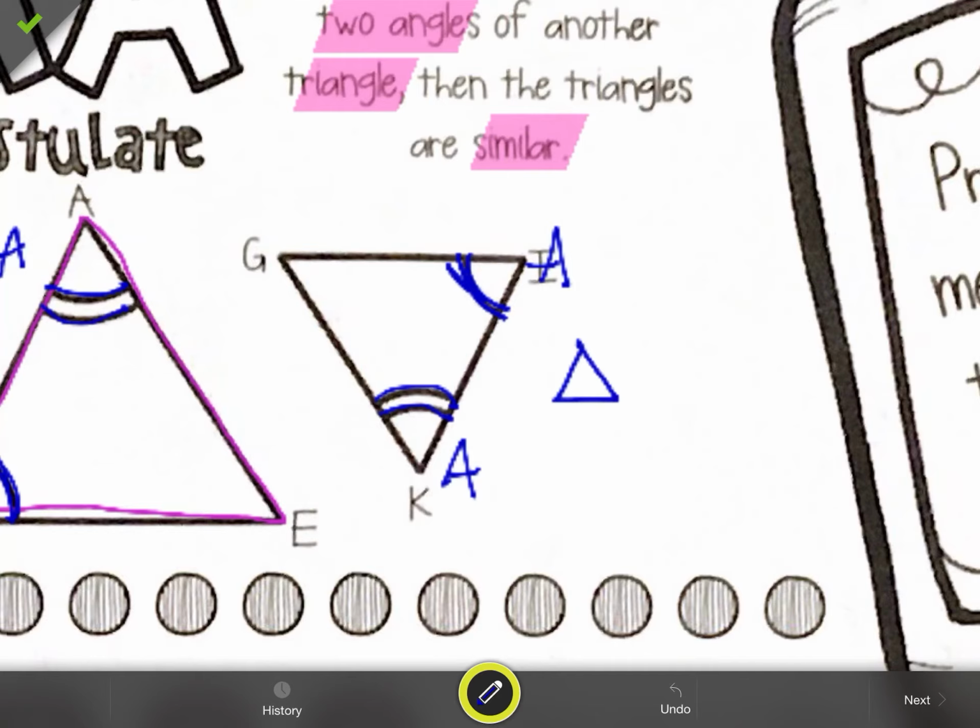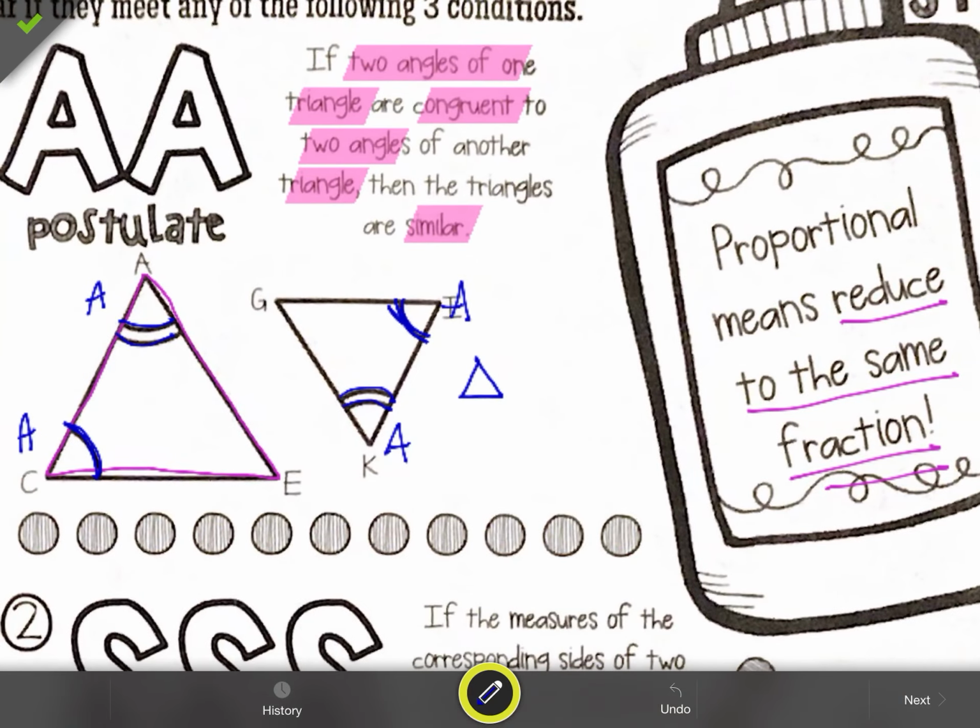So how would we write that? You would say triangle, let's start up at the top, A, then come down to C, E. Now, your symbol for similar is just a squiggly. It actually looks like your negate symbol from logic, just like that. Is similar to triangle.